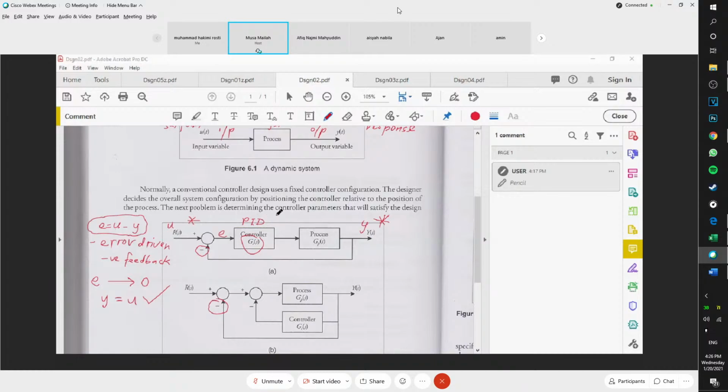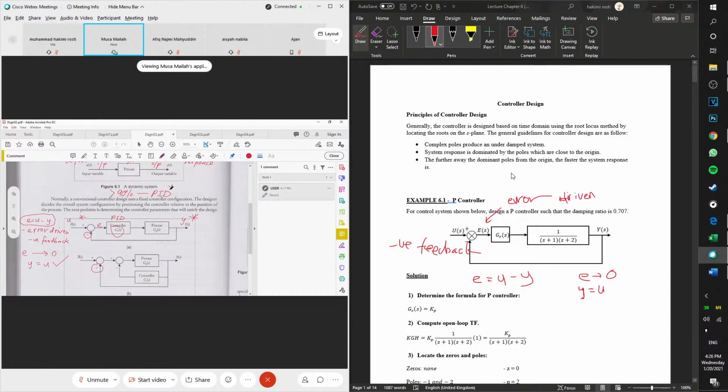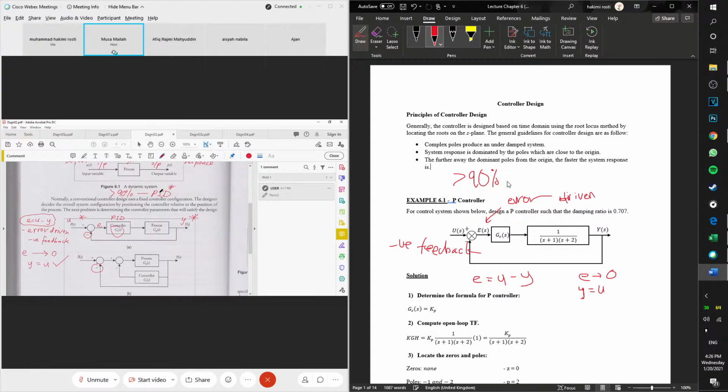Yes, in the real world, I should say more than 90% use PID. In the real world, real application, I'm talking about the real industrial controller, it will use this configuration. So it is called PID control.